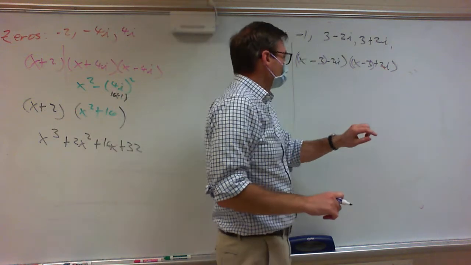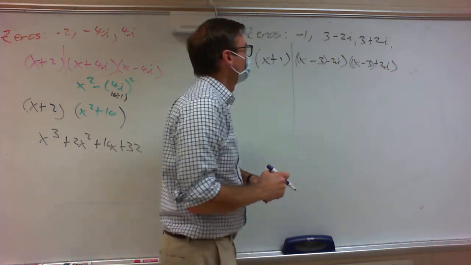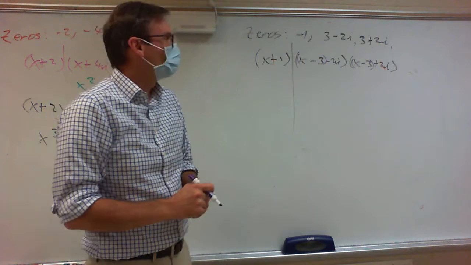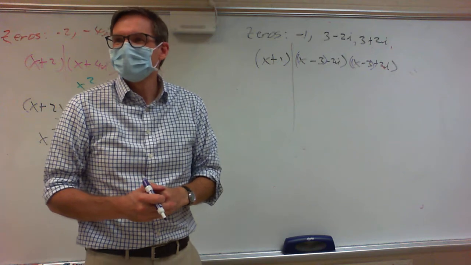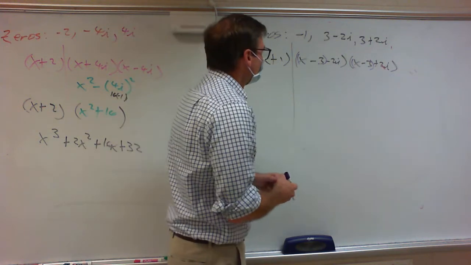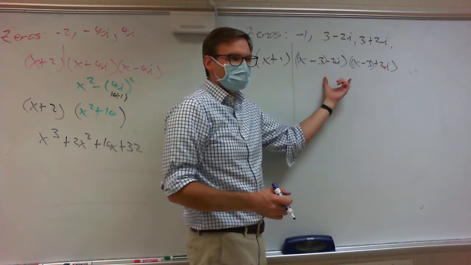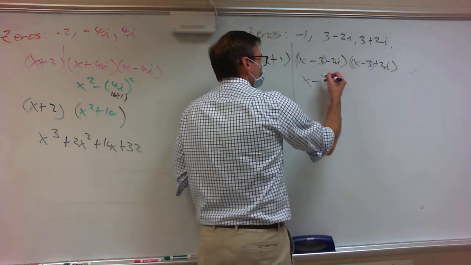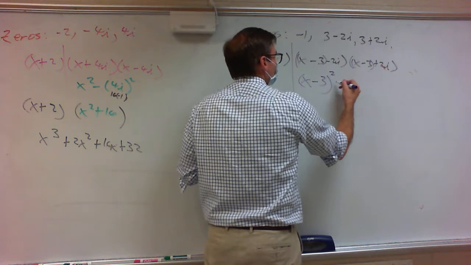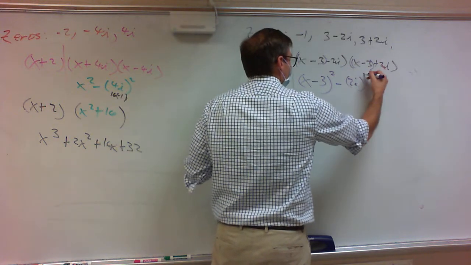So if there wasn't a 3 in front of the 2i, it would be x minus 2i, and then x plus 2i. So far, so good? And so now this is going to give me x minus 3 squared minus 2i squared, right?